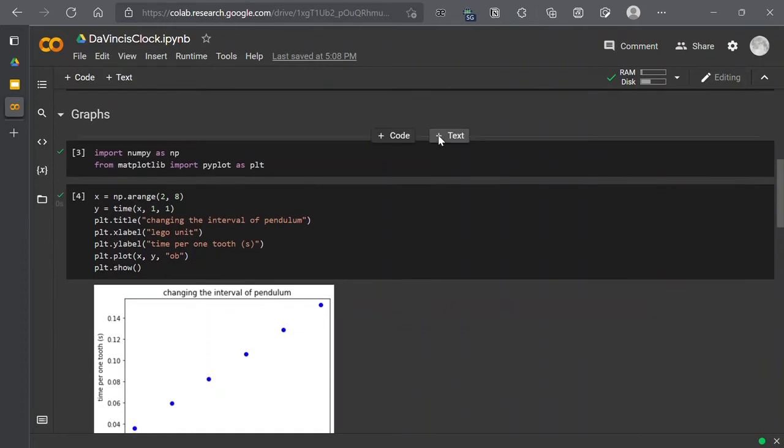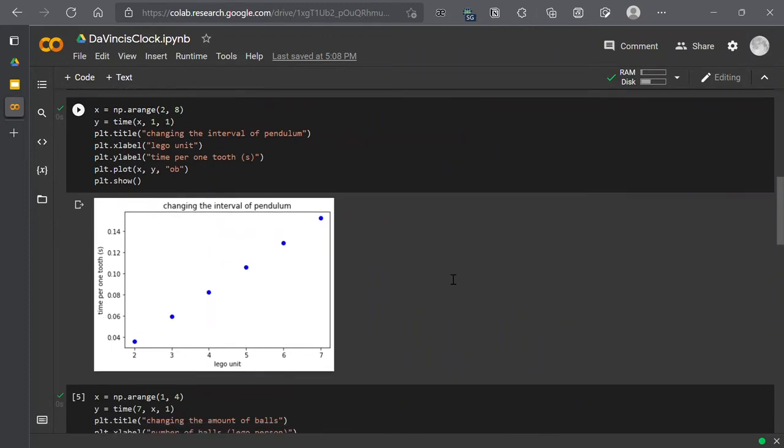And the next part are some graphs that show the relationship between each variable and the time interval. The first graph, we want to see the relationship between the length of pendulum and time.